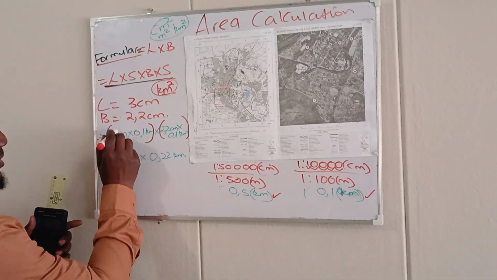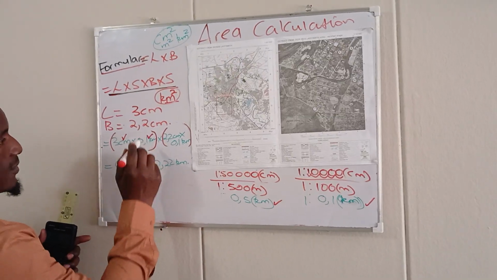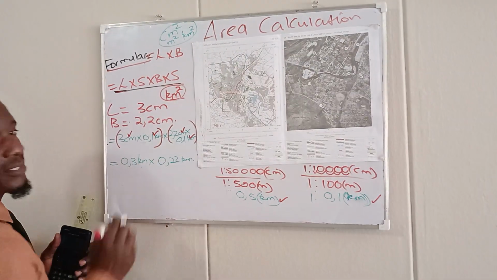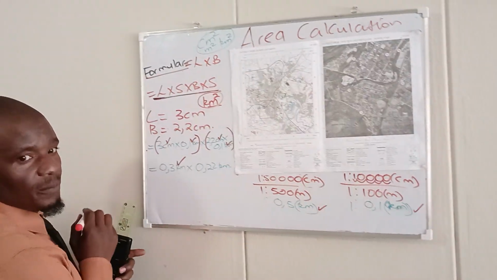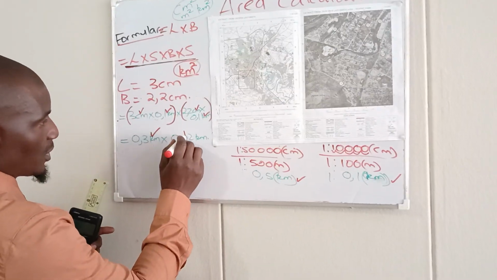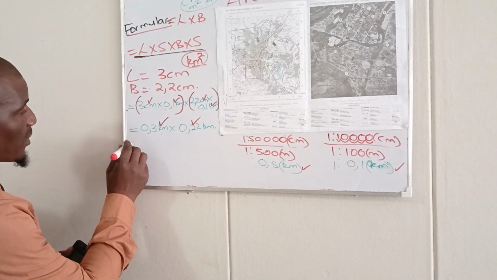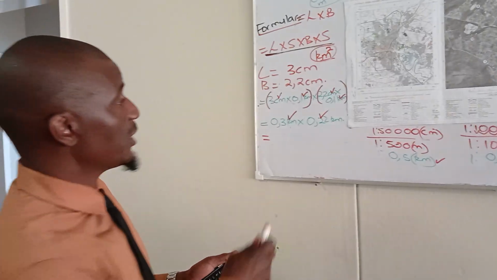You can see the unit of measurement and the scale is indicated. I have multiplied these two and got 0.3 kilometers. I have multiplied these two and got 0.22 kilometers. Okay, now that I have got these two figures, I'm not going to leave it like this.